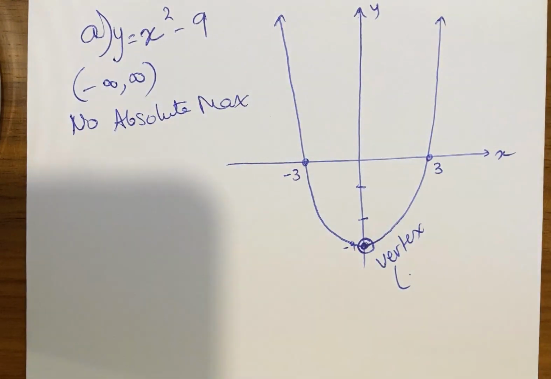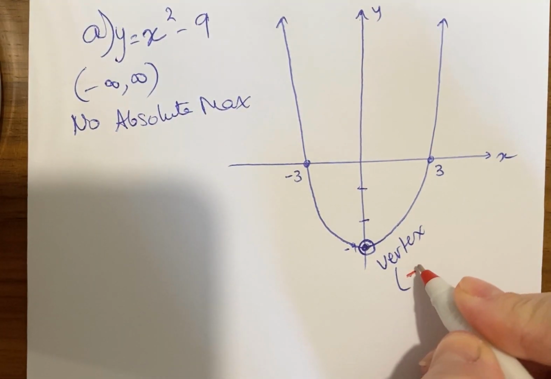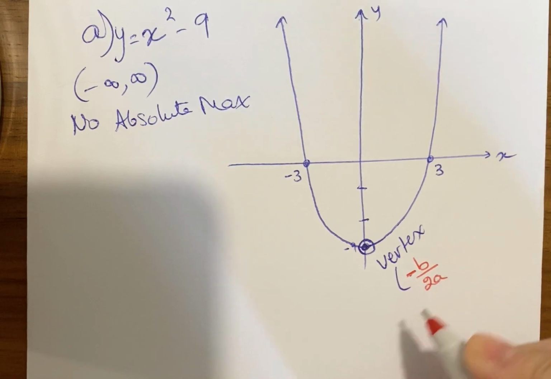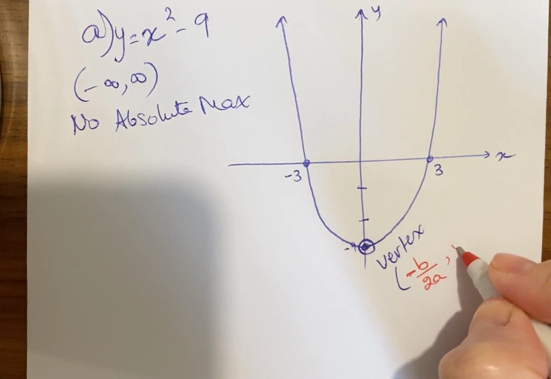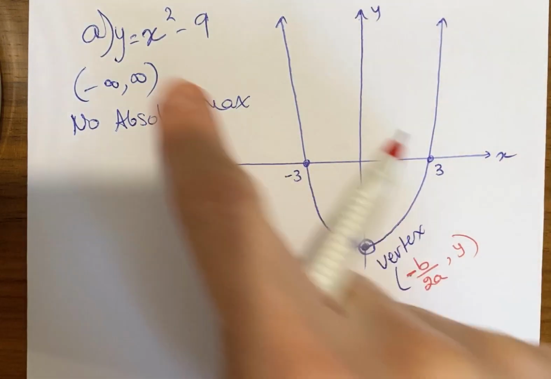Minus b over 2a or minus b over a. Minus b over 2a. Exactly. So it has x value equals minus b over 2a, and y you just calculate by putting this in the equation.